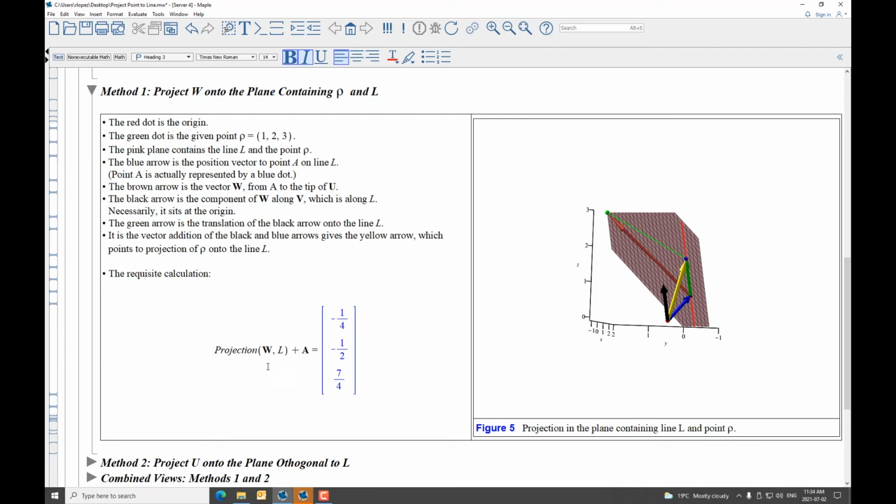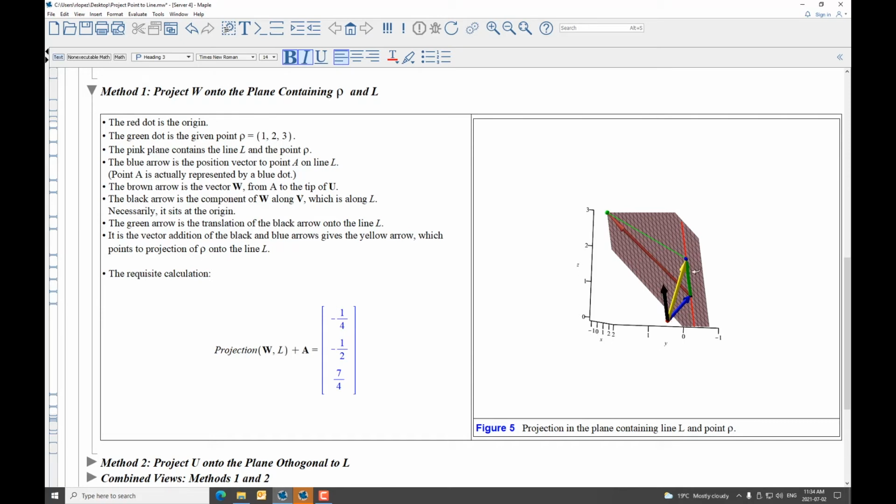So I want to project W onto the line. That's going to give me the green vector. But in order to get the coordinates of the tip of this green vector, we've got to use vector addition.